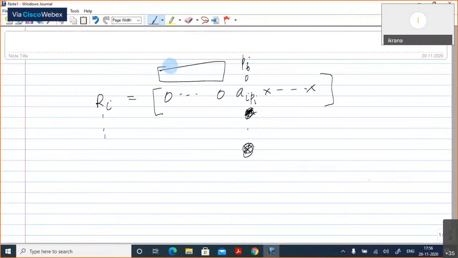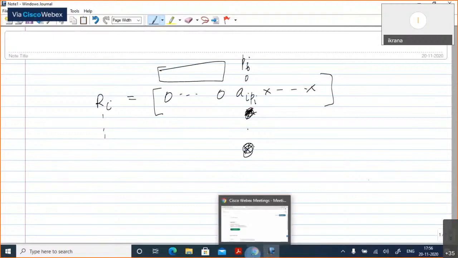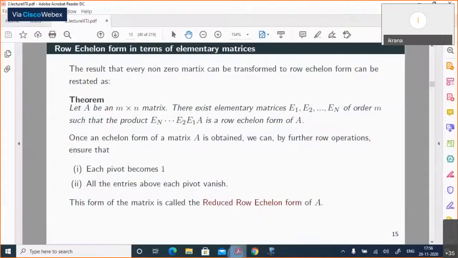Okay, so what we are saying is that by doing some more elementary row operations, each pivot, that is the first non-zero entry in the ith row, can be made equal to 1, and everything else in that column can be made equal to 0. So all other entries above each pivot can be made 0, and below is also 0. So that is the only non-zero entry in that column, equal to 1.